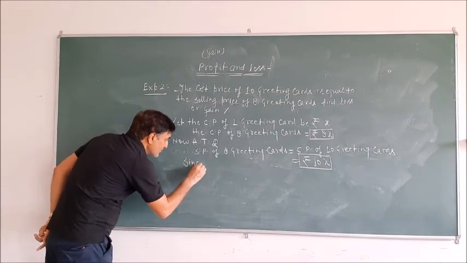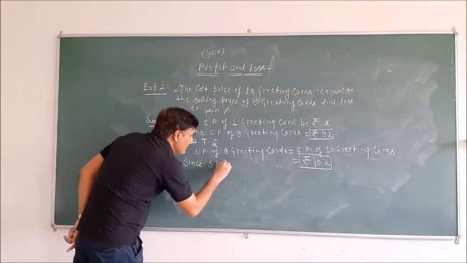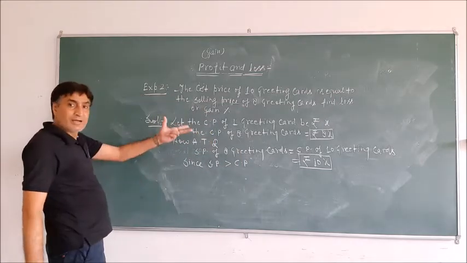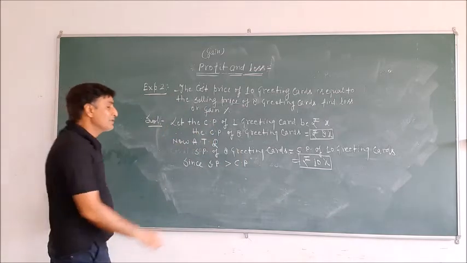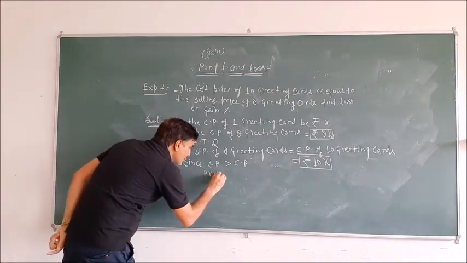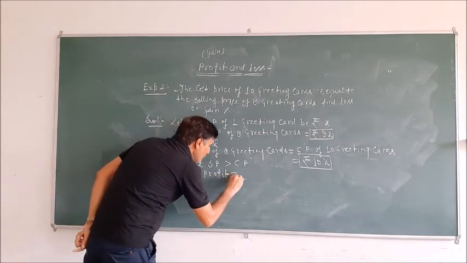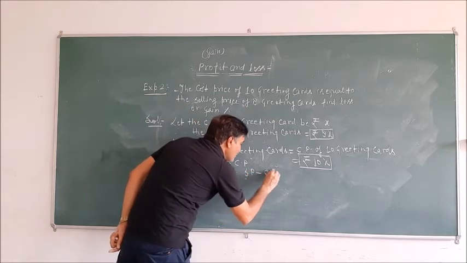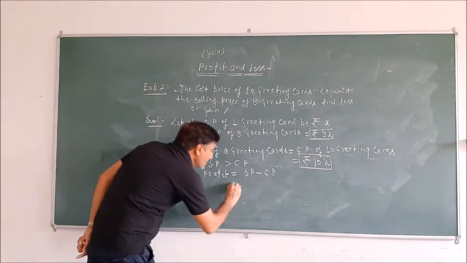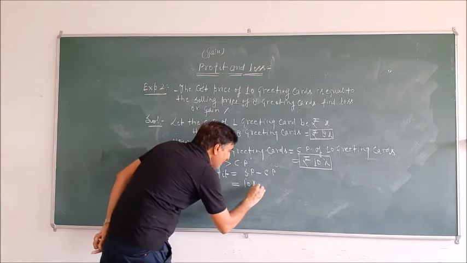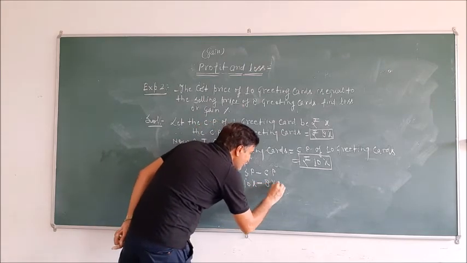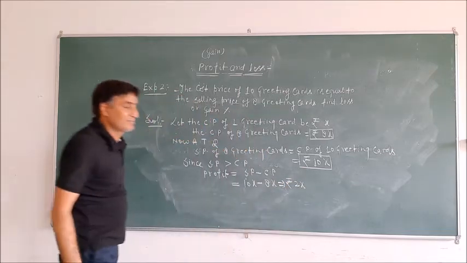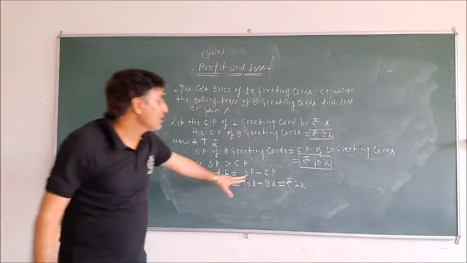Therefore again here we have profit, and this profit equals selling price minus cost price, which is 10x minus 8x, that is rupees 2x.